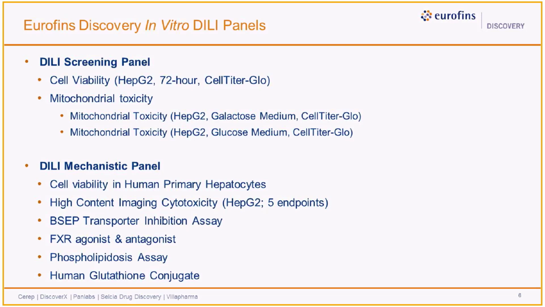We offer a combination of 6 assays in this panel that assess the general cytotoxicity in human primary hepatocytes, and a high-content imaging cytotoxicity assay that measures 5 cellular parameters, including cell number, cell membrane integrity, intracellular calcium level, nucleus size, as well as mitochondrial function. And cholestasis is one of the causes of DILI.